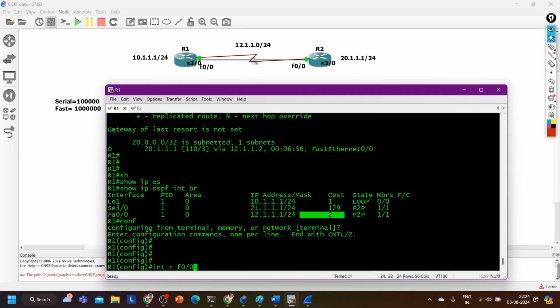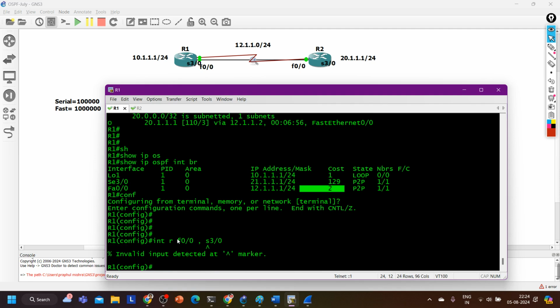Interface range F0/0 and serial 3/0. Not using the range command because I need to configure different bandwidth, sorry.